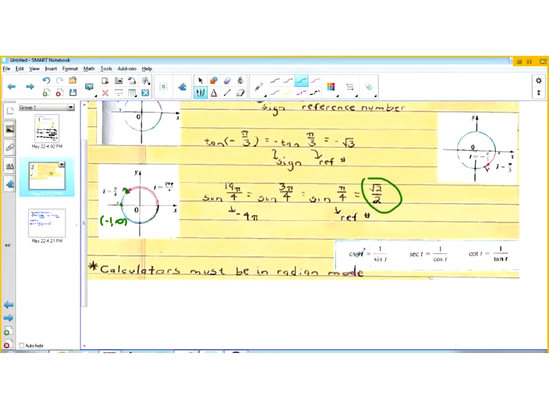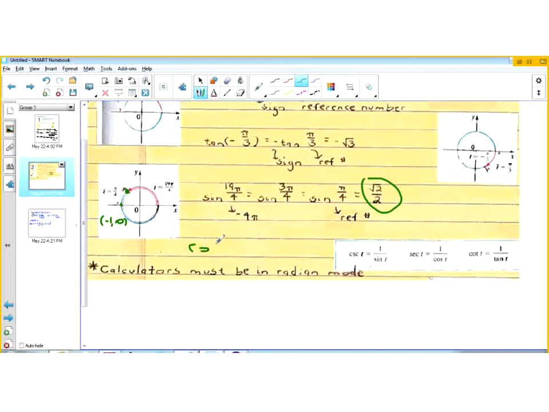And then using this information, of course, you could calculate the cosecant of 19 pi over 4. That would just be 2 over the square root of 2. And we know that the cosine of 19 pi over 4, well, that would just be negative square root of 2 over 2.